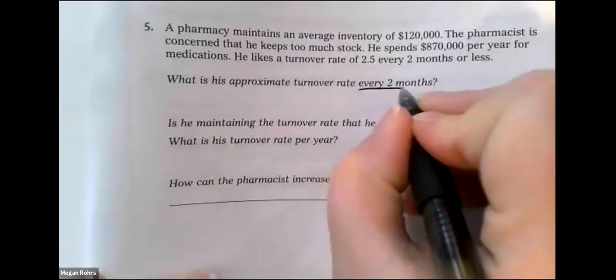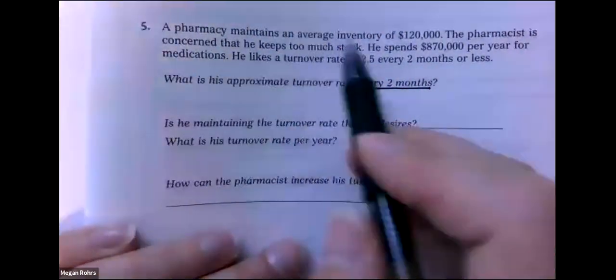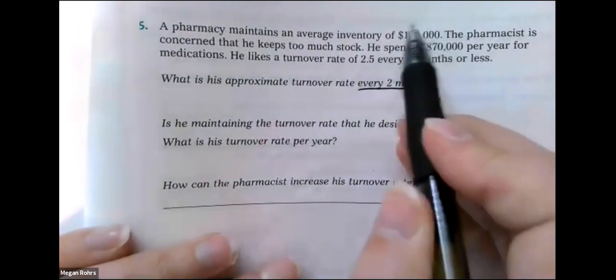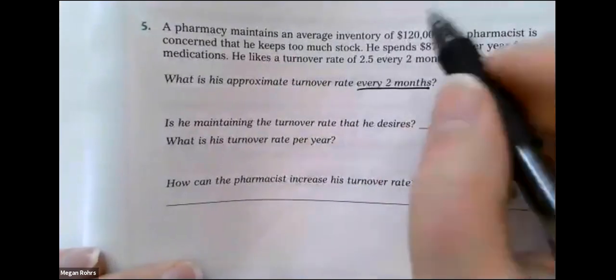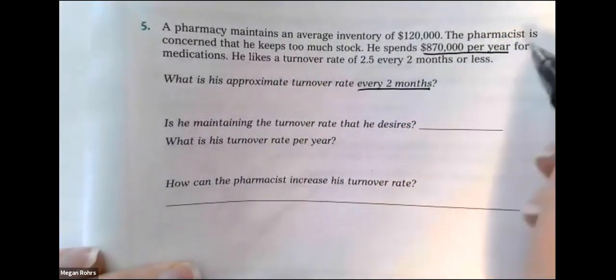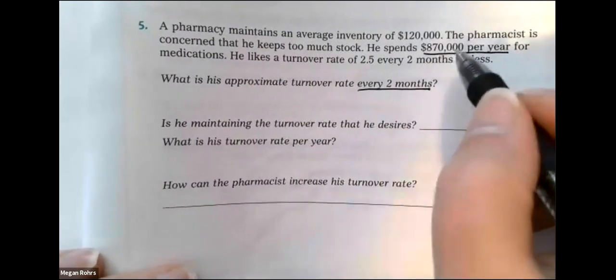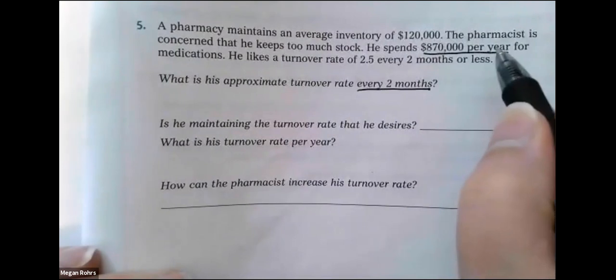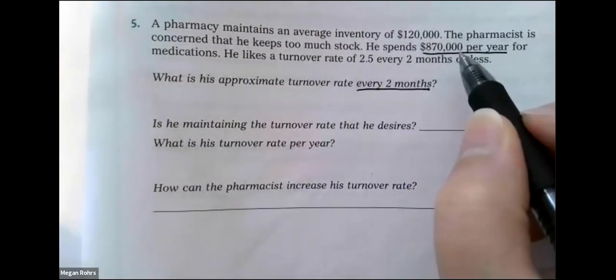Okay, so this is important here, every 2 months. Now we know the average inventory is 120,000, so that's just calculated on the monthly rate. So he spends $870,000 per year. If I wanted to find out the cost that he spends per month, what I can do is divide this by 12 because there's 12 months in a year.